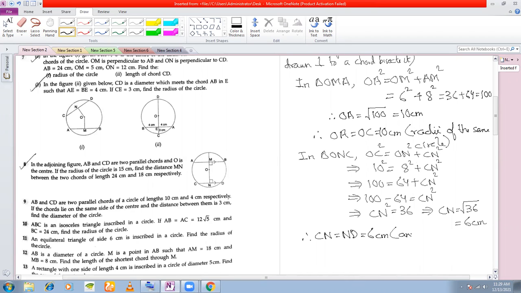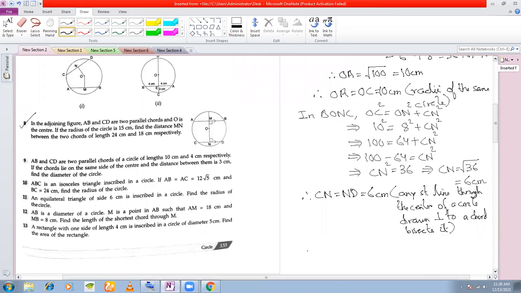Because any straight line through the center of a circle drawn perpendicular to a chord bisects it, right? So therefore what is the length of the chord?